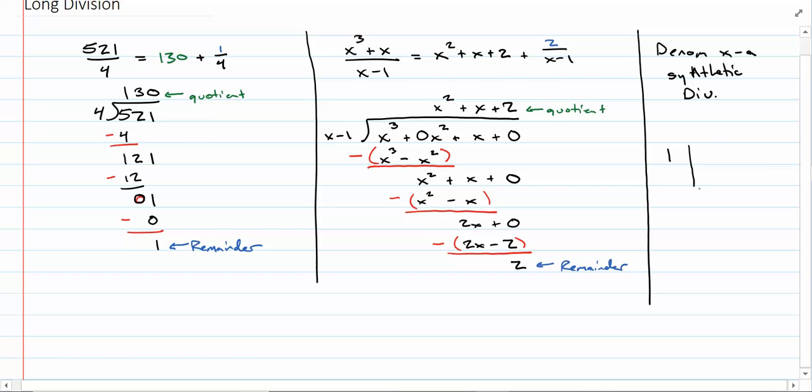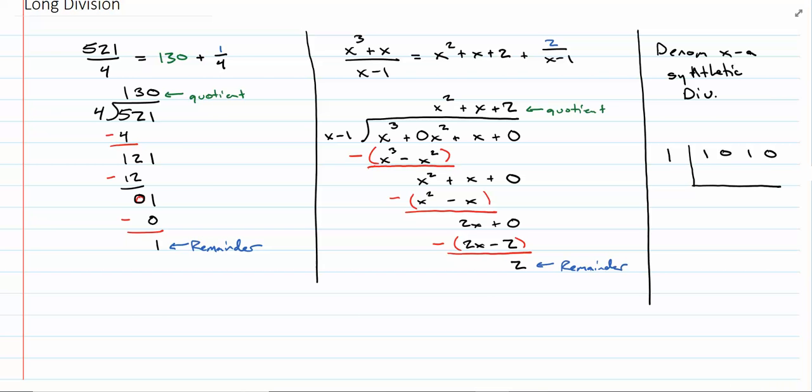It's a little bit different notation, but what I'm going to do is put the coefficients of my numerator right here, and I'm going to include those zeros just like I did when I did the long division. So the coefficients of the numerator there would be 1, 0, 1, 0.